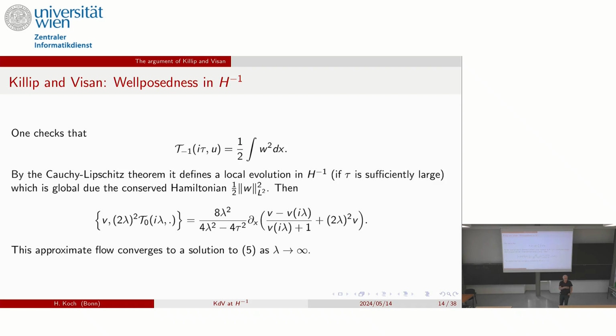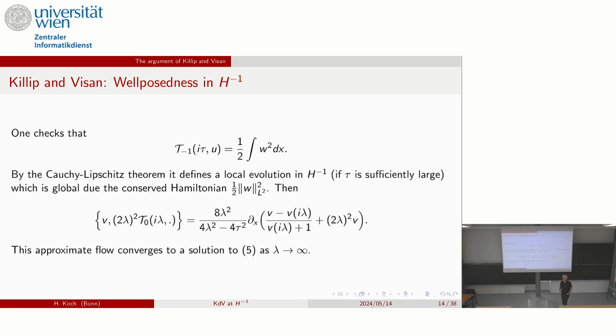So we are interested in Hamiltonian equations. We want to use this as a Hamiltonian. I don't do the calculation. Then this defines, by the Cauchy-Lipschitz theorem, an evolution in H minus 1 for U or in H1 for V. So you can shift things around.